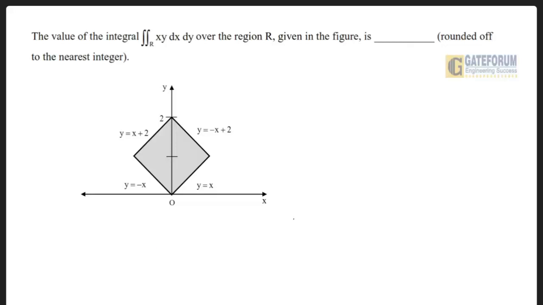So let us denote this shaded region as R. R is the shaded region. Now, to evaluate the double integral, you take either a vertical strip or a horizontal strip. If I take a horizontal strip at any location here, then this is the lower limit, sorry, left side: y is equal to x, that is x is equal to minus y lower limit, x is equal to y upper limit.